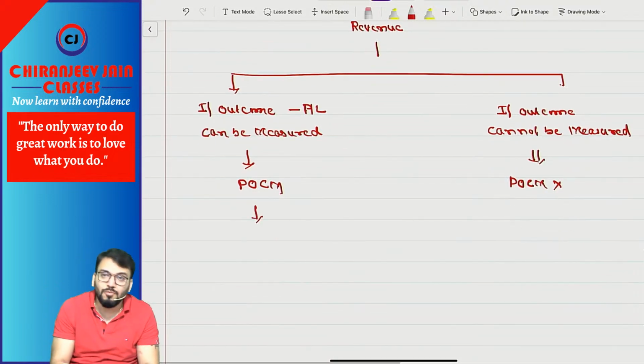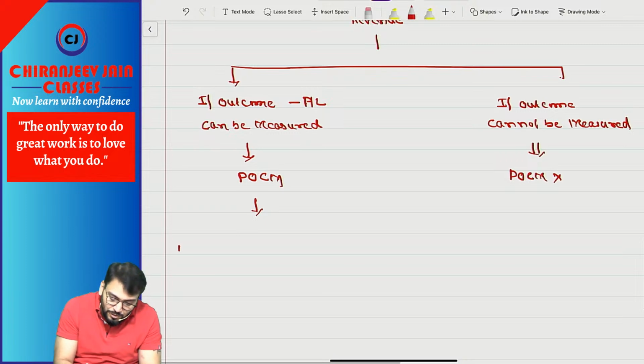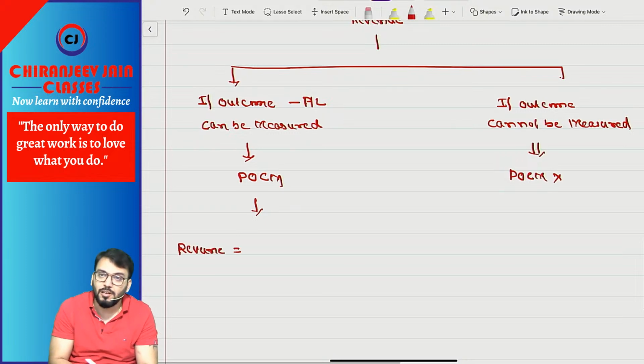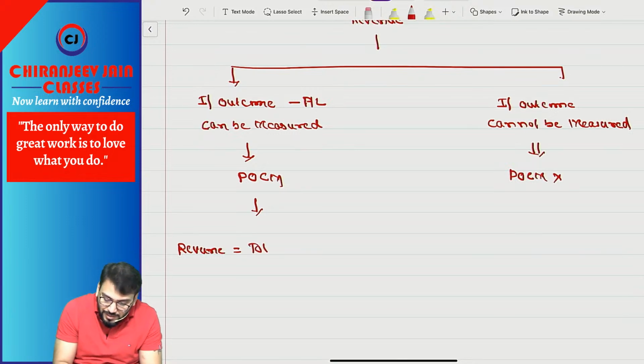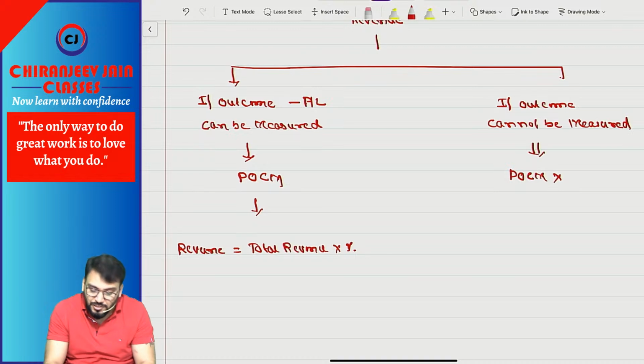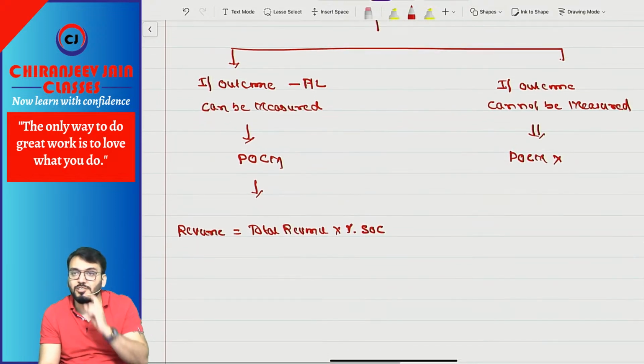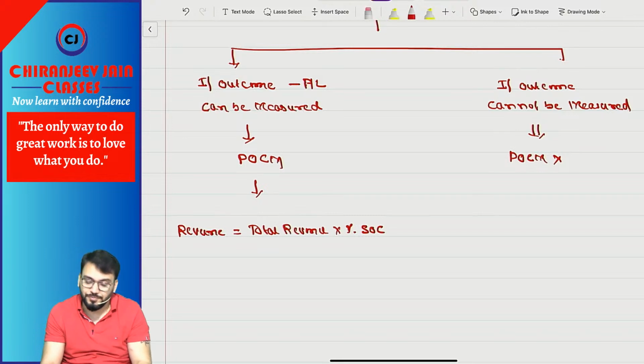Now in this case, the revenue recognized will be equal to total revenue multiplied by the percentage of work performed, the percentage of stage of completion. This will be revenue recognized.